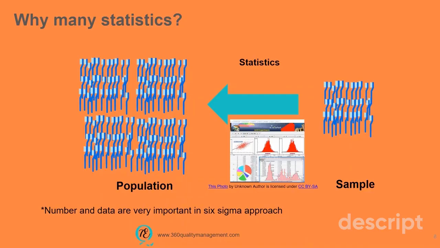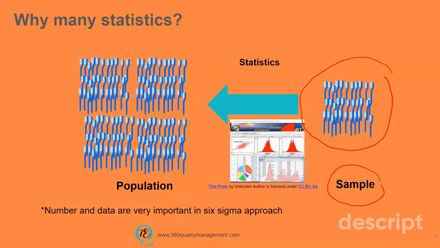Most people are lost because there are so many PhD-level, head-damaging statistical tools involved in the Six Sigma methodology. Those statistics are used for a reason, because in Six Sigma, only samples are collected for measurement most of the time, especially in a high volume manufacturing environment.